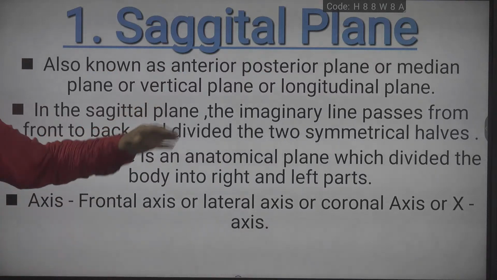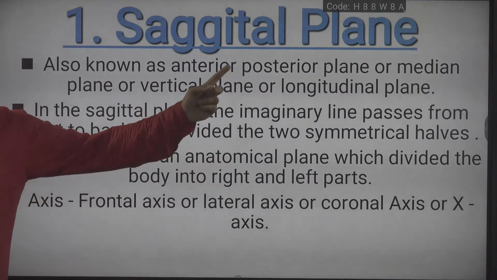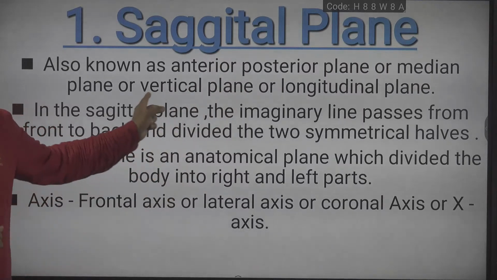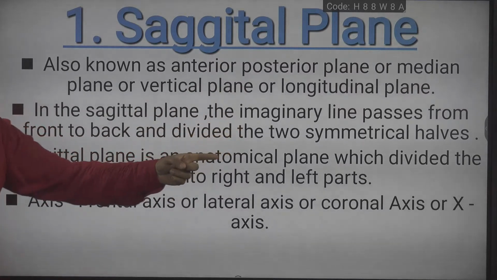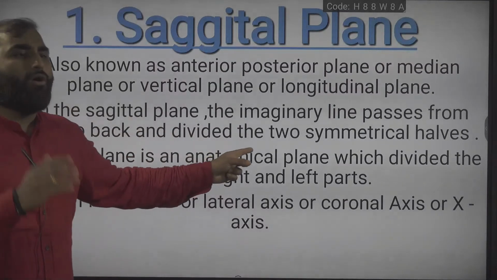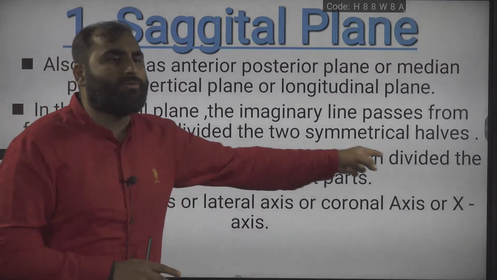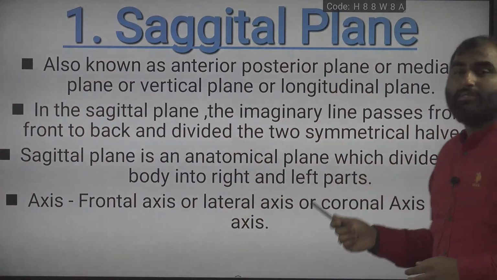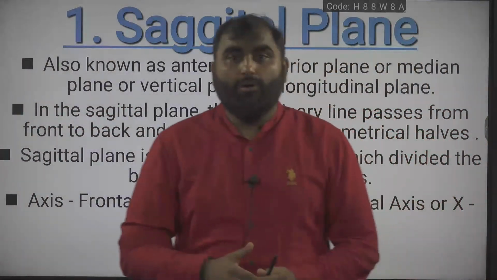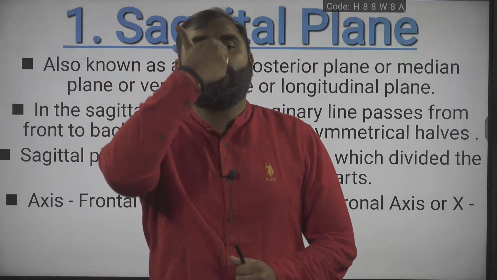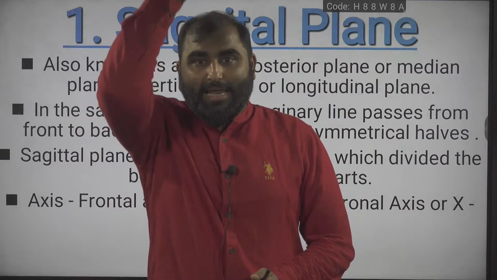So first plane is sagittal plane, also known as anterior posterior plane or the medial plane or vertical plane. In the sagittal plane, the imaginary line passes front to back and divides the organism or body part into two symmetrical halves. Two symmetrical halves. So if I say I am a human body here, and you want to see two equal symmetrical halves, the line will pass from the center, this plane.